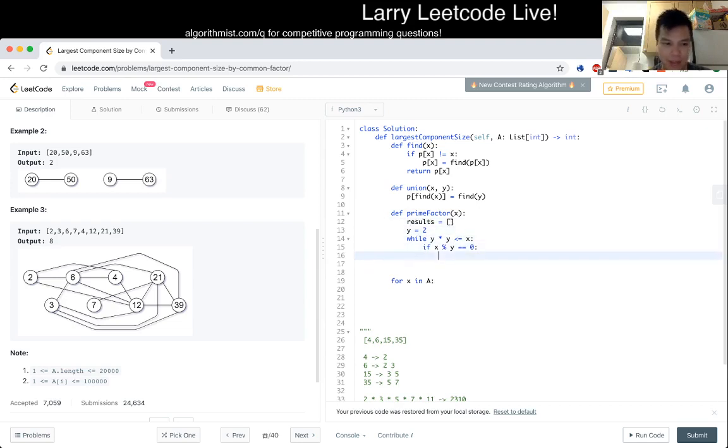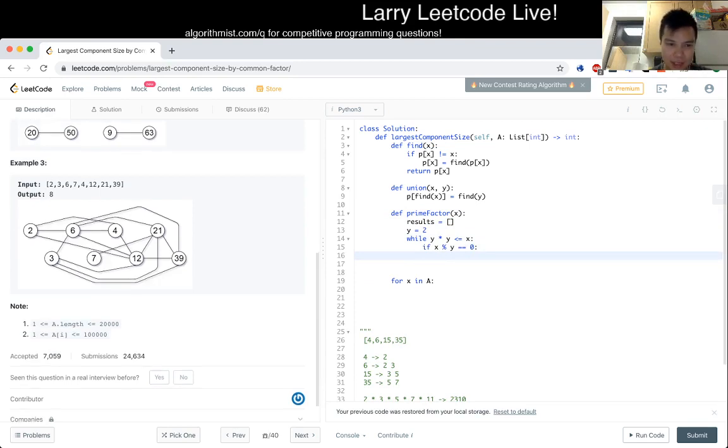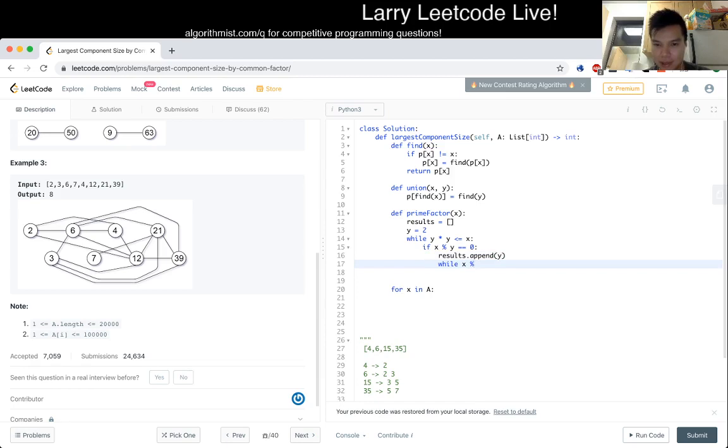If this is a factor, can we have a duplicate number? I guess it doesn't really matter. There's only 20,000, maybe. We could actually pre-calculate all the numbers, maybe even 100,000. That's not a big deal. But anyway, if x mods, then let's append y, and then while x mod y is equal to 0, we do that.